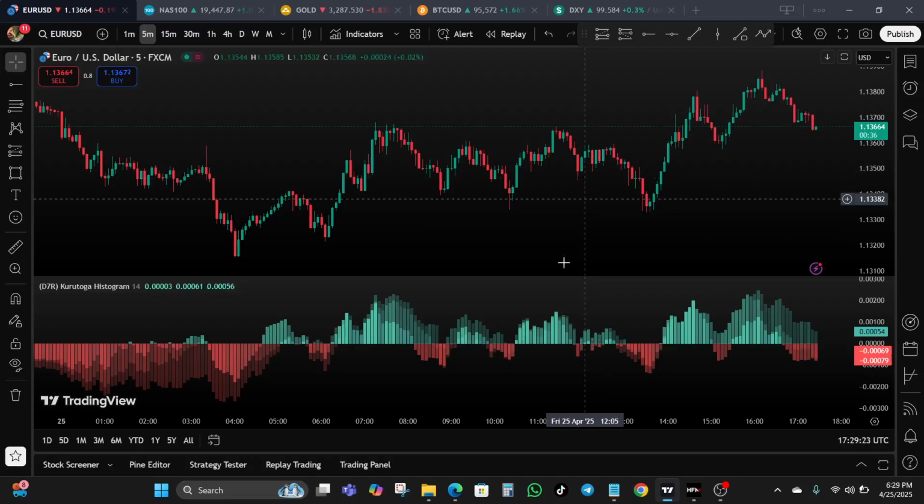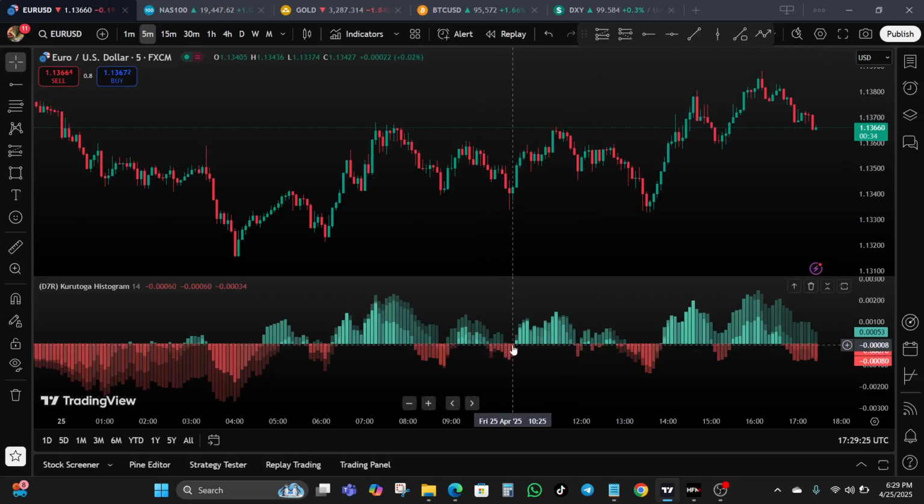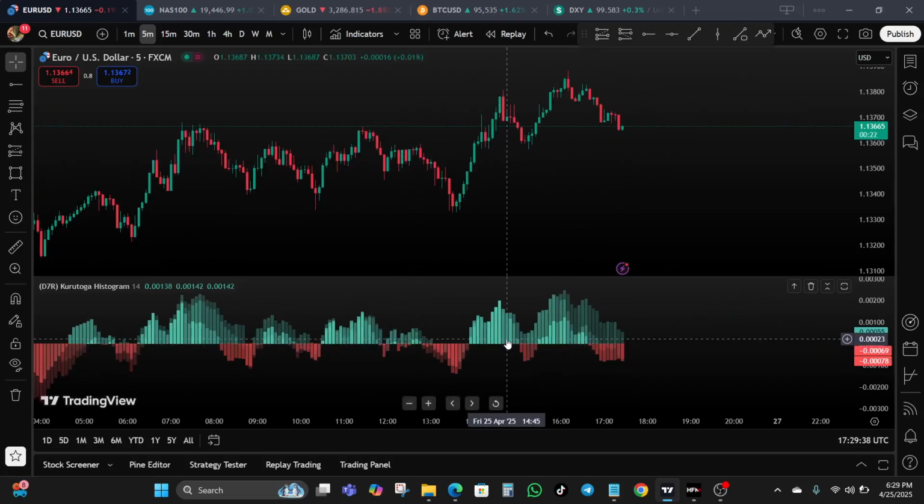What is the Kurutoga histogram? Well, the Kurutoga histogram is a custom indicator on TradingView that visually represents the strength and direction of a trend using histogram bars, right? Think of it like a supercharged MACD, but designed specifically to filter out fake outs and noise from choppy price action.